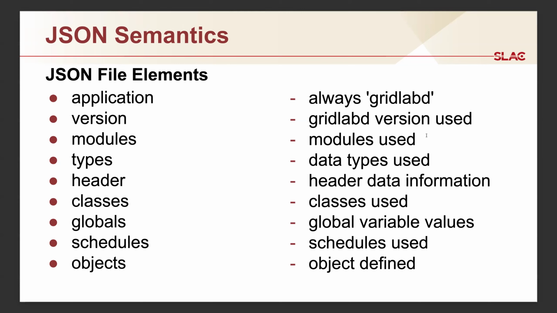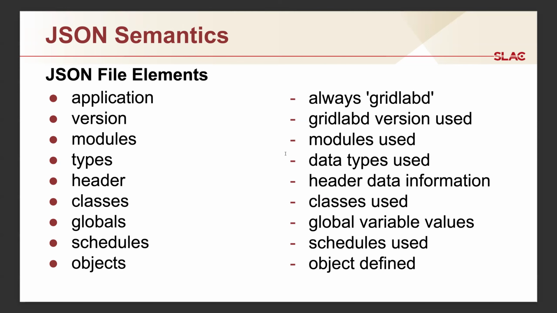The version number will be essentially the version that created this JSON file. So if it's an older version of Gridlab-D, it will have an older version number than the current version you may be using. That doesn't mean it's not compatible, but it does indicate that there may be pieces missing or things that might be defined differently.